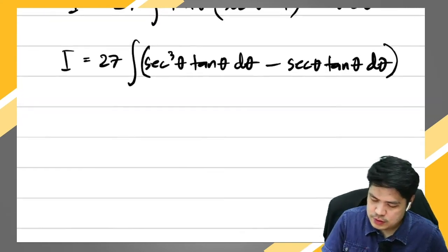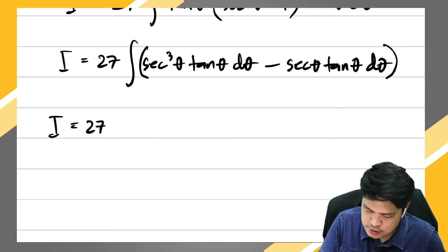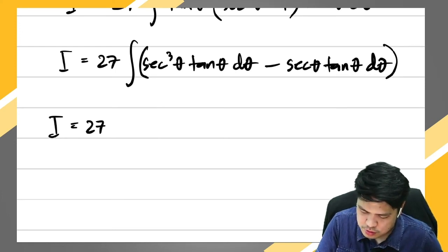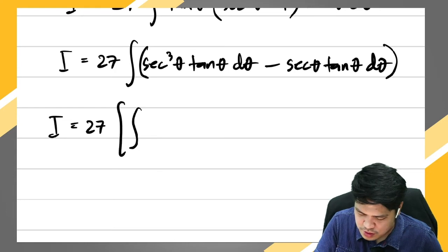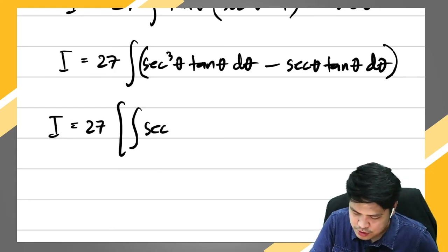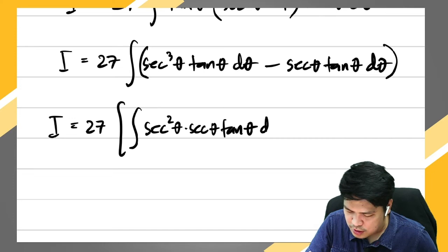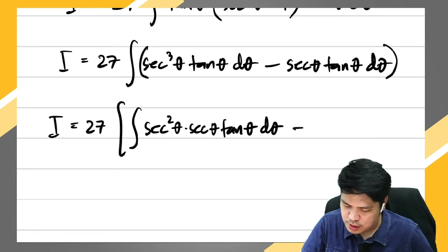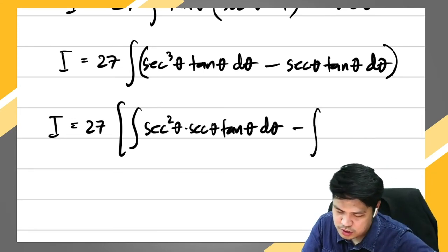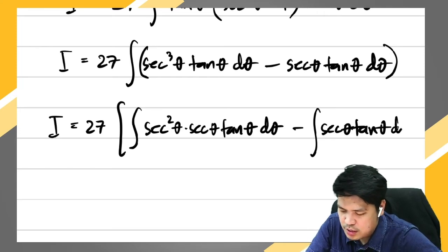So therefore, we'll have I is equal to 27 times the integral of secant squared theta times secant theta tangent theta d theta, then minus the integral of secant theta tangent theta d theta.